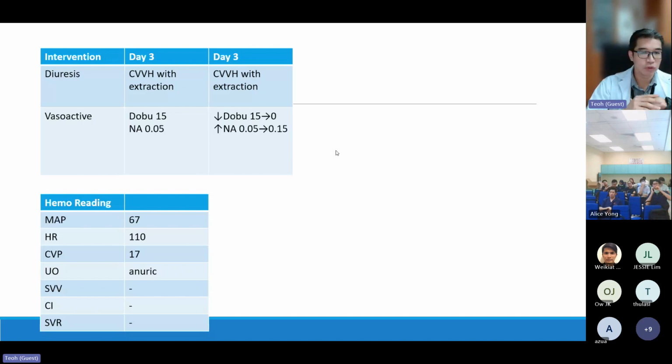So be careful when you use this inodilator. Not all inotropes increase blood pressure. Some of the inotropes drop the blood pressure, especially inodilators, for example dobutamine, milrinone, and levosimendan. So for the patient with low blood pressure, be careful to use these inodilators.